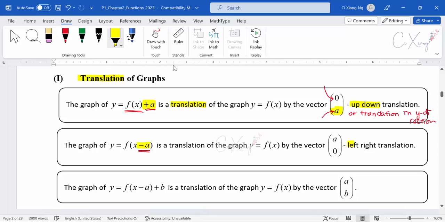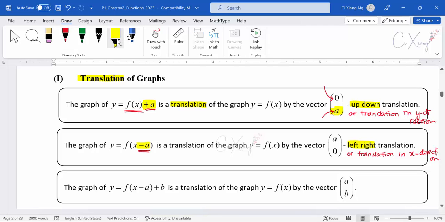So you can call it left-right translation, or you can write it as translation in the x-axis or in the x direction. So this is the horizontal translation and the top one is the vertical translation.